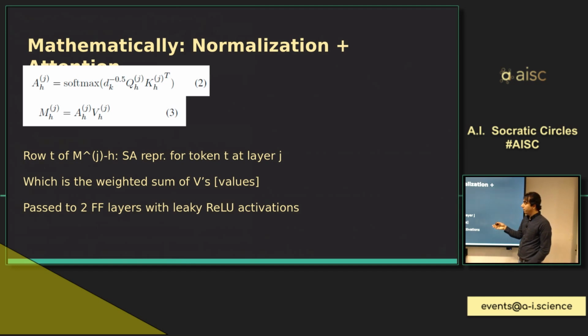J, remember, is your layer, and related to sub H, your attention head, is your self-attention representation for token T at layer J, which is the weighted sum of the V's, or values. Remember we have stacked layers. At each layer, you pass the self-attention result to the next layer, to two feed-forward layers, or you can think of them as one, with two leaky ReLU activations.